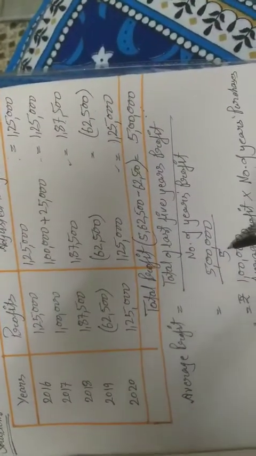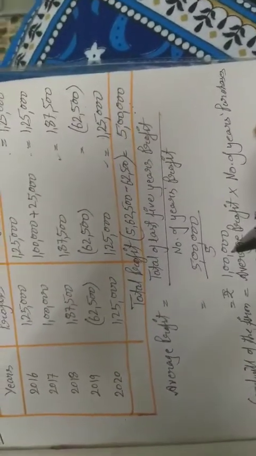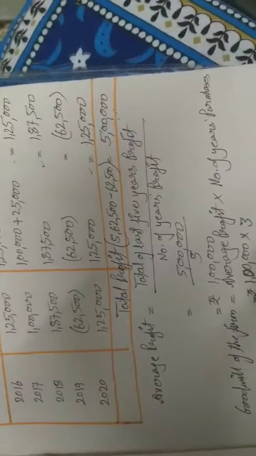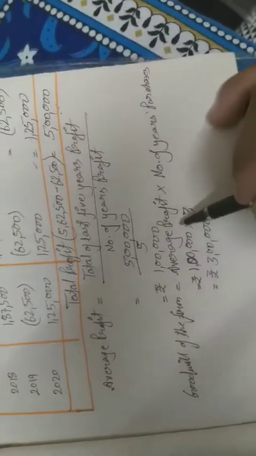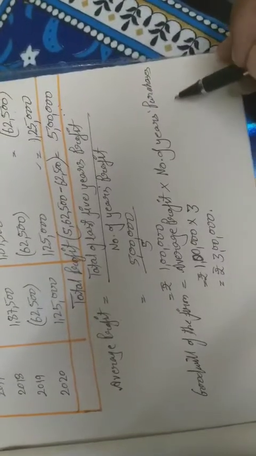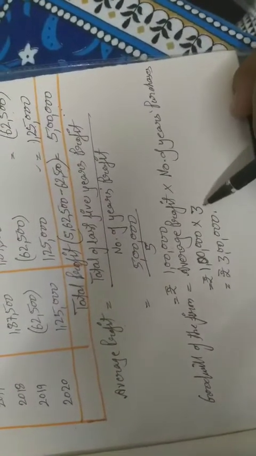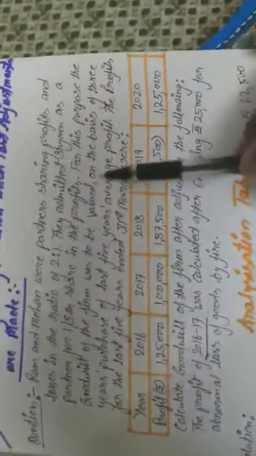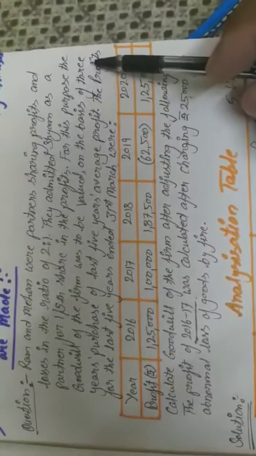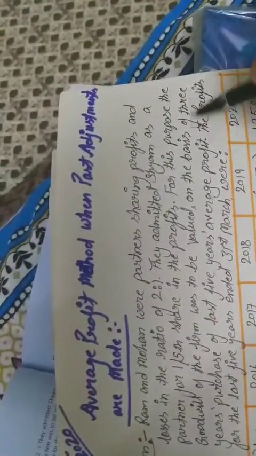I get 1 lakh rupees as average profit, then multiply by the number of years' purchases to calculate goodwill. Goodwill of the firm is equal to average profit multiplied by the number of years' purchases, which is 1 lakh multiplied by 3. The 3 is the number of years' purchases given in the question, valued on the basis of 3 years' purchases of the last 5 years.